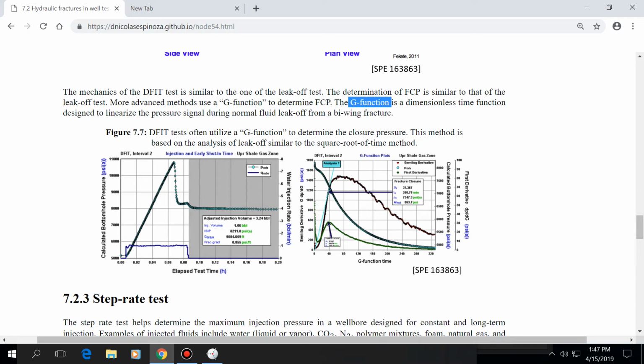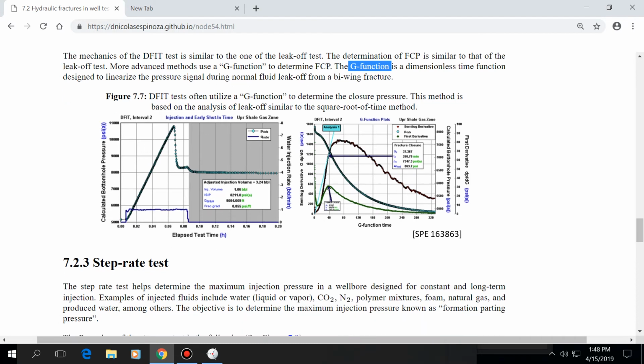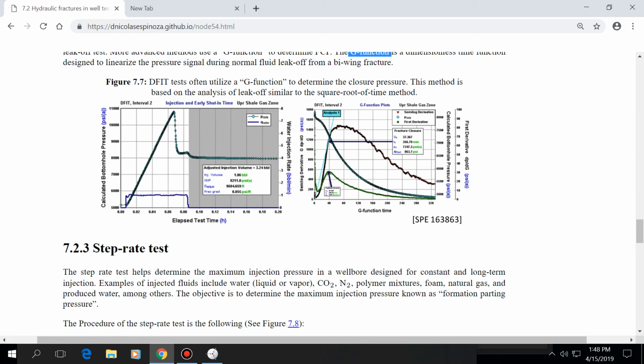So basically it's just replotting this data, as you can see over here, and finding an inflection in this curve of the G function, similar to the square root method but a little bit more advanced. And from there you can calculate what is your minimum principal stress. But it is very similar. And if you are interested, you can check this paper in here. But the most important thing is to remember that this diagnostic fracture injection initiation test is for hydraulic fracturing.